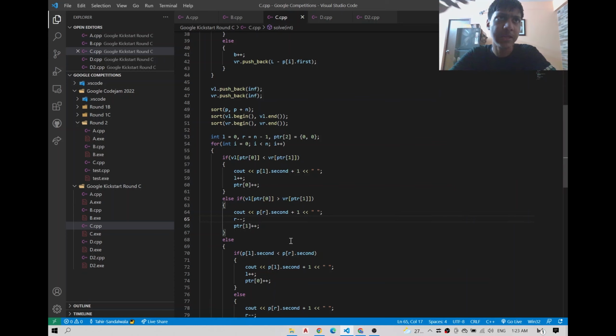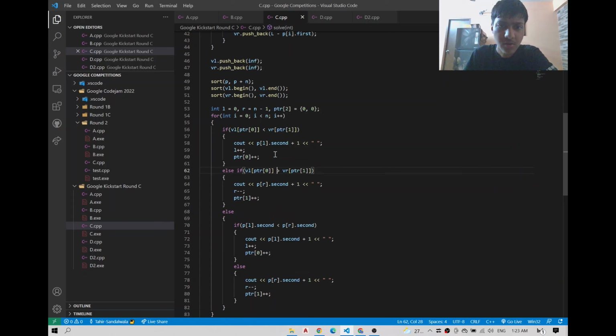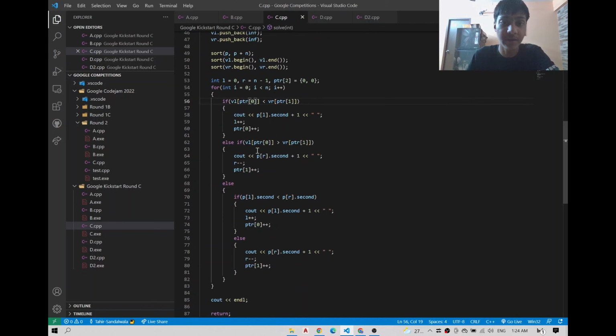And similarly, PTR1 corresponds to, out of all the ants that are going to fall from the right end, from the rightmost ant in that order, which ant am I currently talking about? So initially I compare VL0 with VR0, and if VL0 is less than VR0, then that means the first ant has fallen off. Now I'll do PTR0++, so that I can talk about the second ant that falls from the left end and compare that with the first ant that falls from the right end.